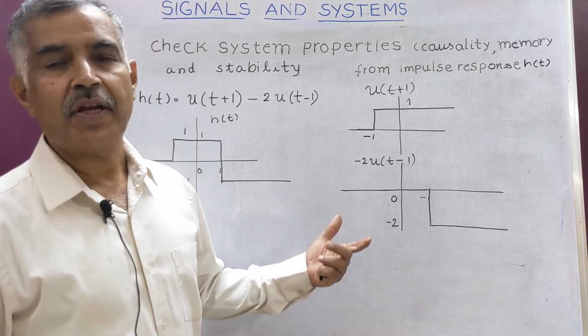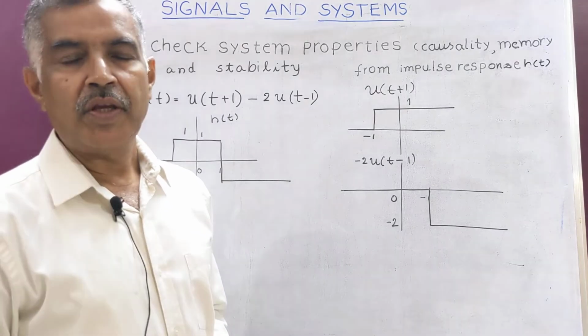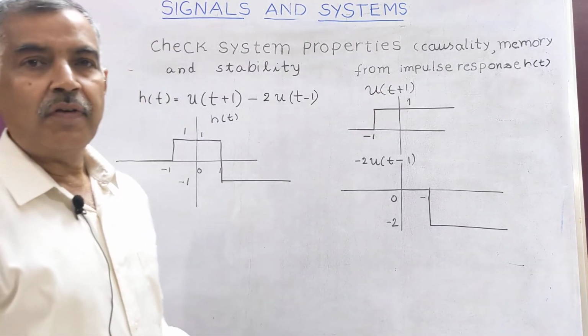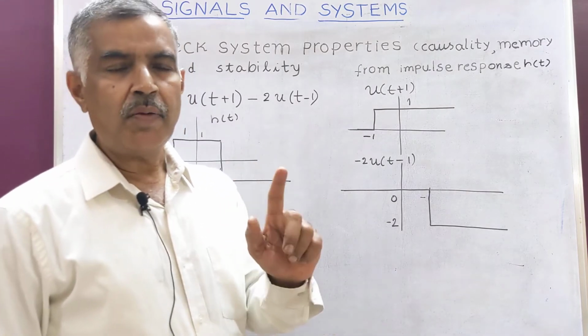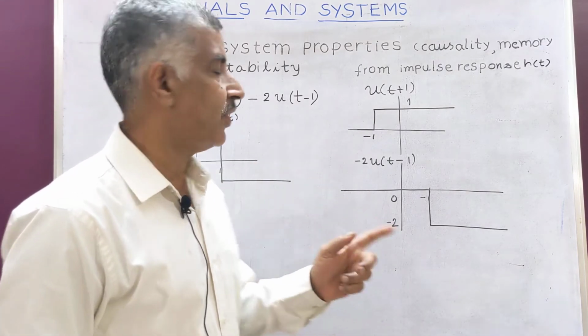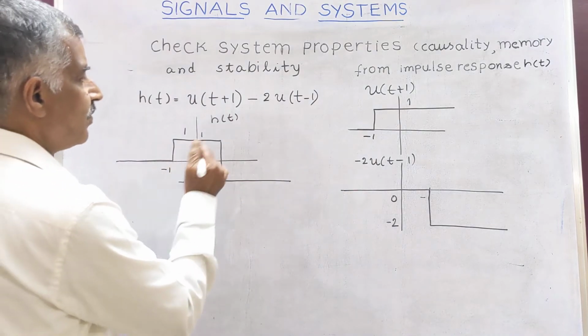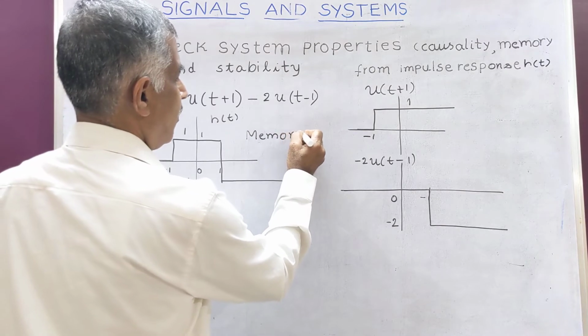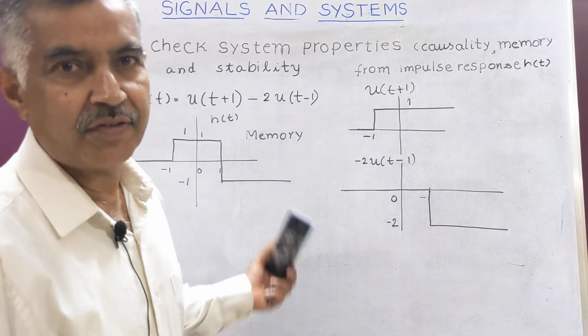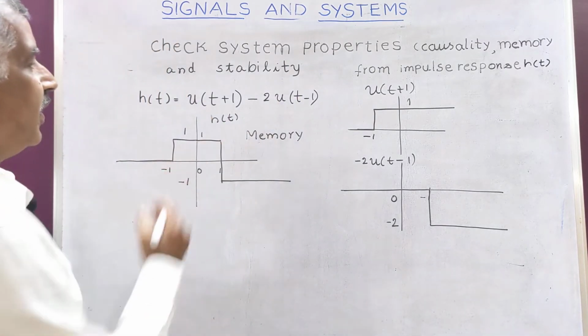The condition for memoryless is that the value should exist only at one point, but it is not so. Hence, this system has memory, because for too many values of t, its value exists.